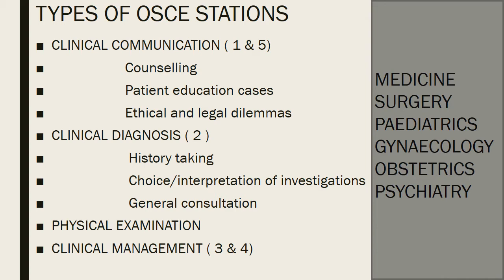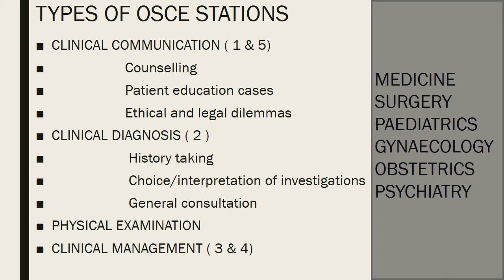The second type of OSCE stations are those which determine your clinical diagnosis skills. In them, the main task will be history taking. Mostly they will tell you to take the history for at least 4 minutes, or maximum 6 minutes. So when you see that they have written in the stem to take the history for 4 minutes or 6 minutes, you know that this is a station of clinical diagnosis, and that is very important right now.